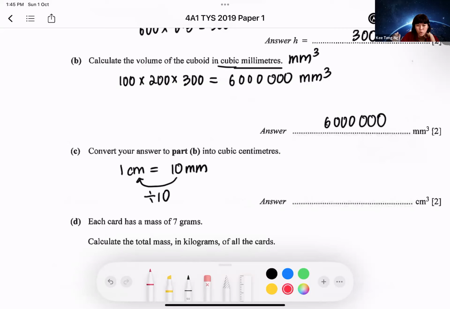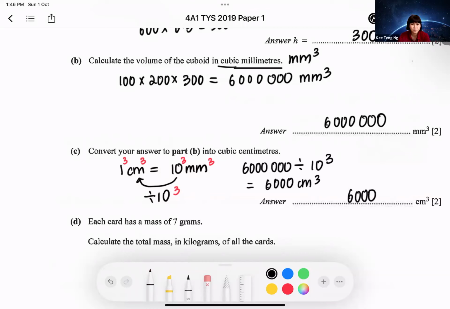But this is cube, this is volume. So 1 cm cube is 10 cube mm cube. So I'm going to divide by 10 cube. So in this case, I take my answer 6,000,000, divide by 10 cube. And that gives me the answer 6,000 cm cube.